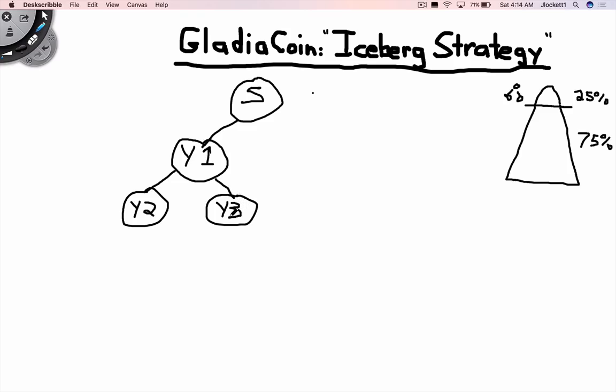Now, if you're going to be passive, what you will do is continue to build under these. This one's qualified now, and let's say you have 4 Bitcoin in this 25% idea.